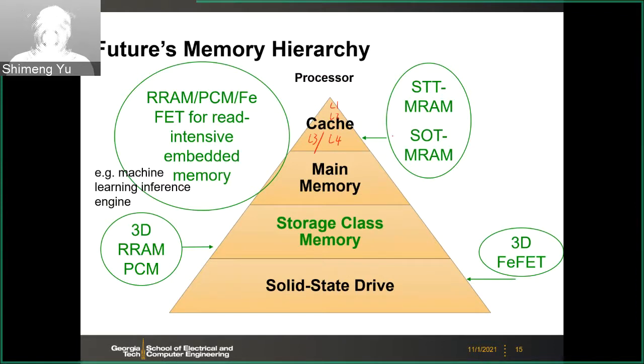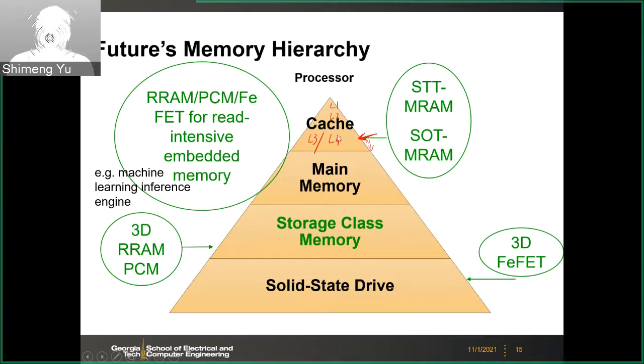They may have a chance because the speed requirement is reduced as you move farther away from the processor. STT-MRAM or SOT-MRAM may give you larger capacity than SRAM at this level. So at the bottom of the cache, what you need is larger capacity, and the speed requirement can be relaxed.